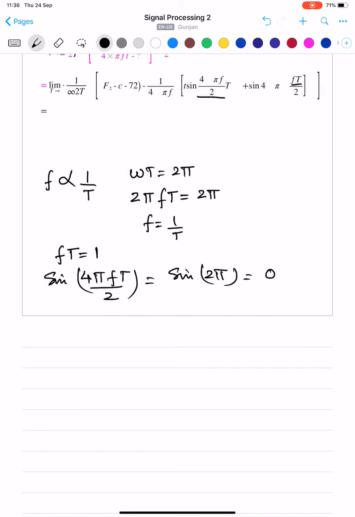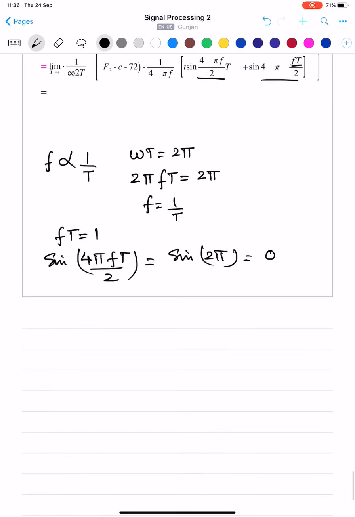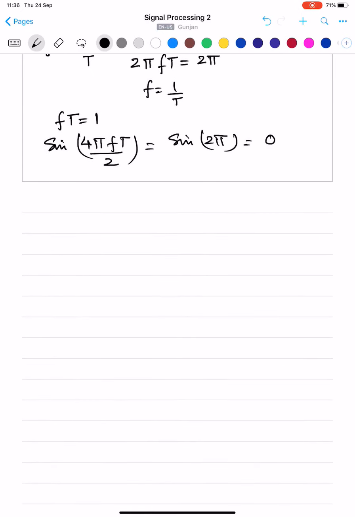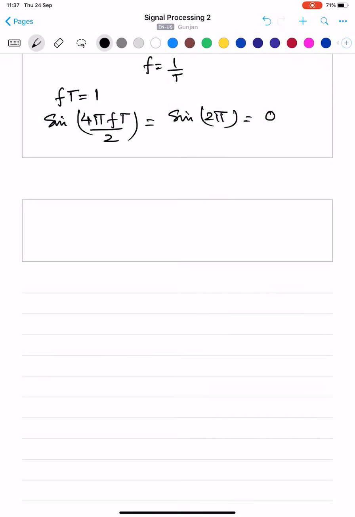So you can say this part and this part are equal to 0. So the only thing which is left for us as power is limit T tends to infinity, 1 upon 2T into T. So when you do it, they will cancel each other. So then it will be equal to 1 by 2. So you can say the power is this.